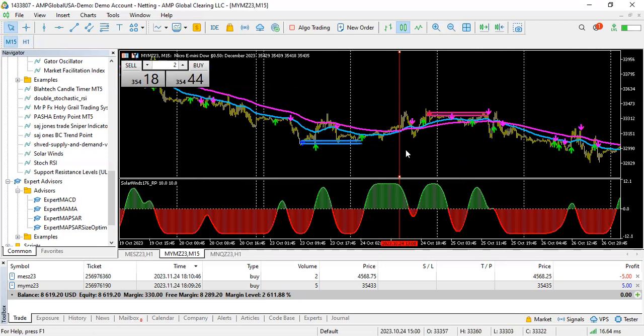So our pullback arrow started right here on the hour time frame, and it pulled back all the way to this point.